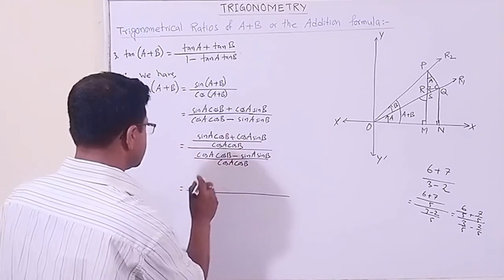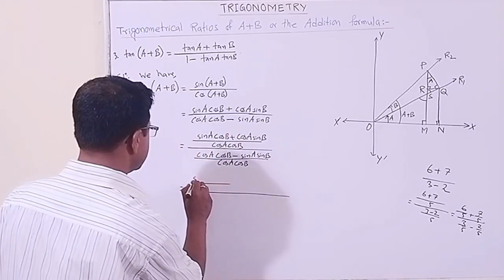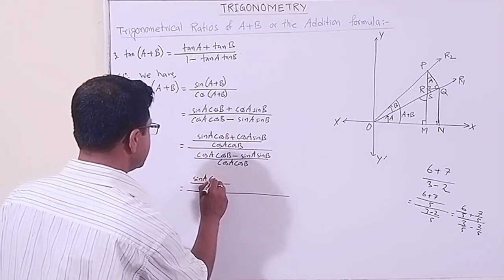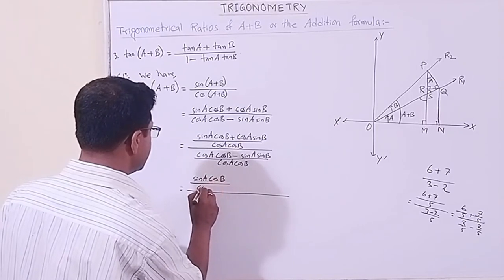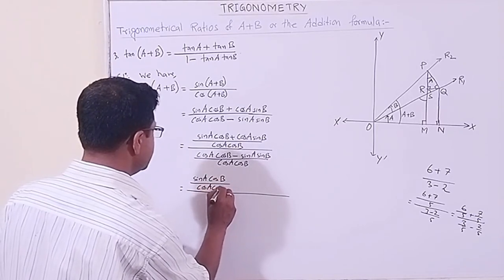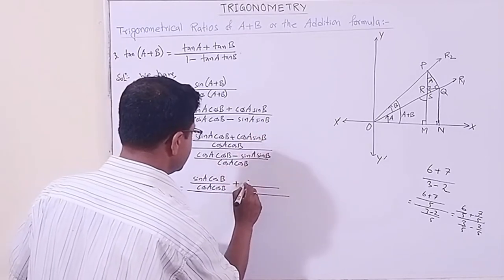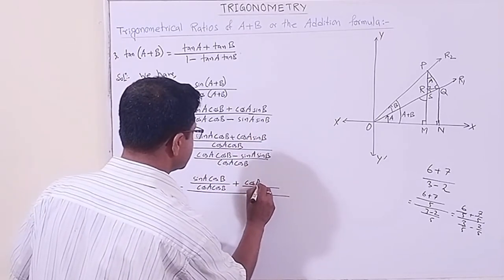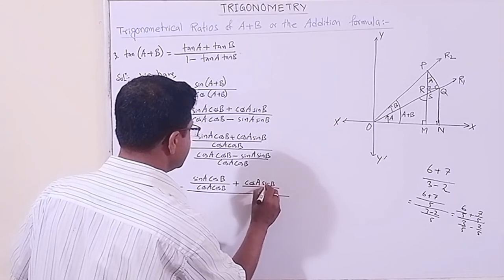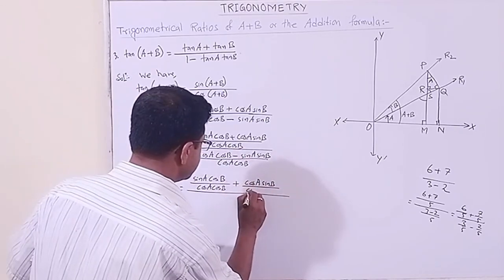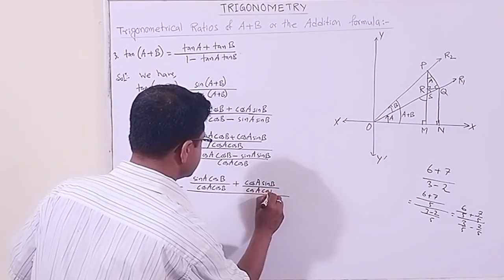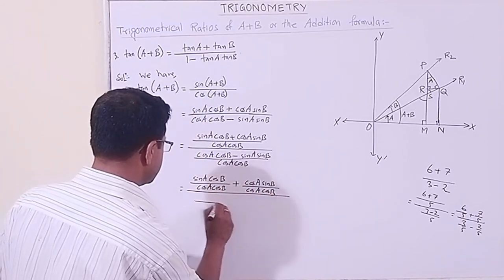So at first we shall write sin a cos b divided by cos a cos b, then plus cos a sin b divided by cos a cos b. Then here what will we get?